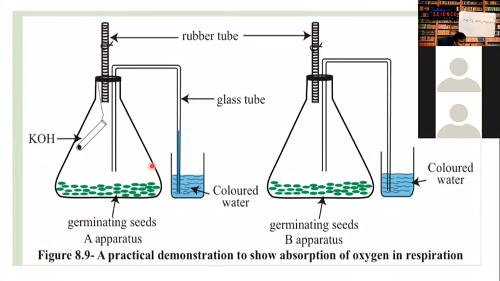Now, germinating seeds here. Actually, this is right, germinating seeds there, B apparatus, potassium hydroxide, right? Now, what happened here? Oxygen is absorbed, carbon dioxide is released. This one also, oxygen absorbed, carbon dioxide released.